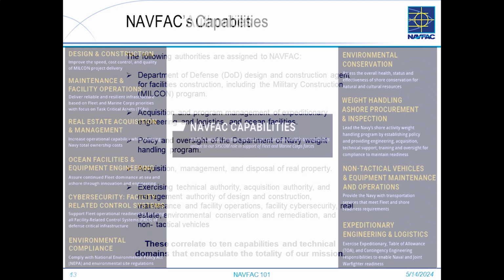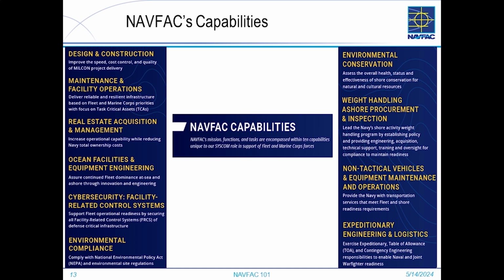If you have seen the strategic design document, you most likely have seen this particular slide. This is showing our capabilities here at NAVFAC, and our capabilities essentially encompass the mission, functions, and tasks that we perform here at NAVFAC.